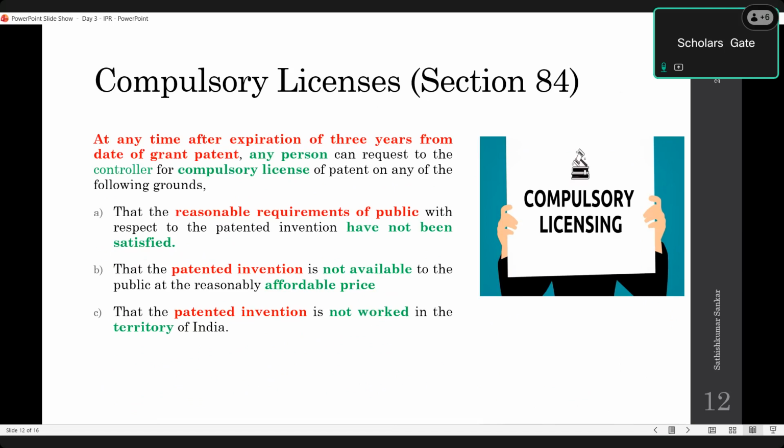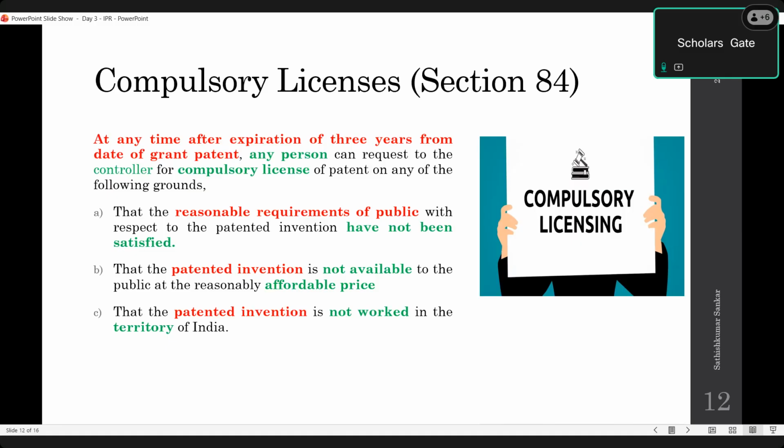So once the patent is granted, after three years anyone can request the Controller for a compulsory license of that patent. The following terms and conditions apply to that compulsory license.